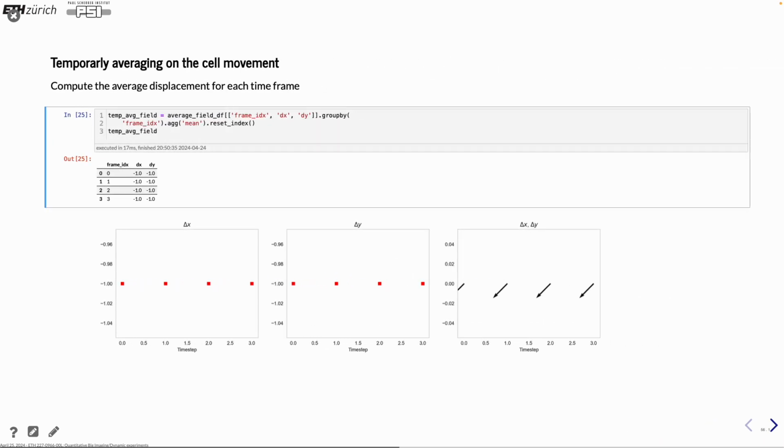And then again we have our dx and dy, which are averaged out, and it gives us just some small averaging from time step to time step. This is only for 1 point, actually.